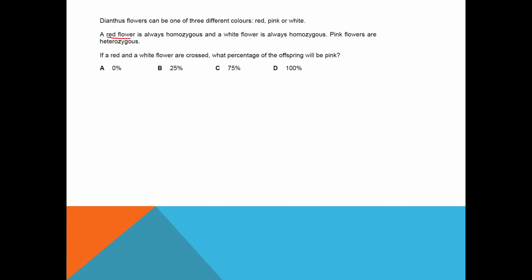So here, a red flower is always homozygous, and if you remember, homozygous means both the alleles are of the same letter, and a white flower is also homozygous. So for our rough work, we can represent R as red and a small r as white.